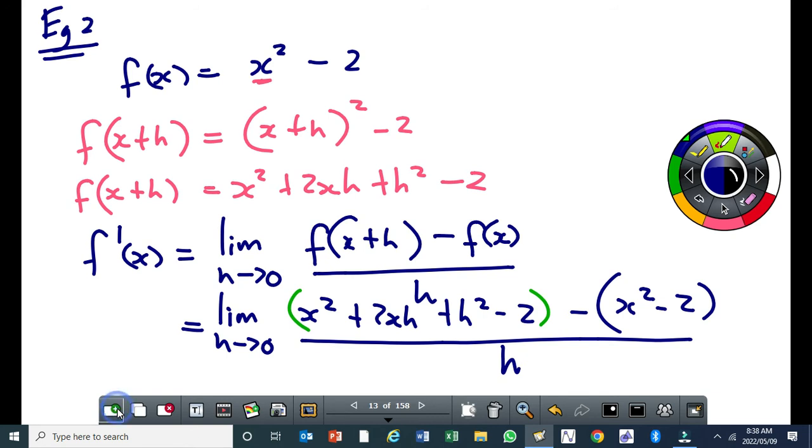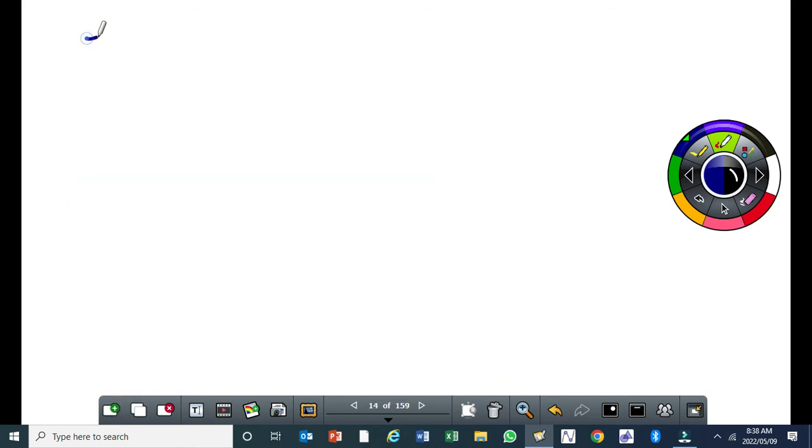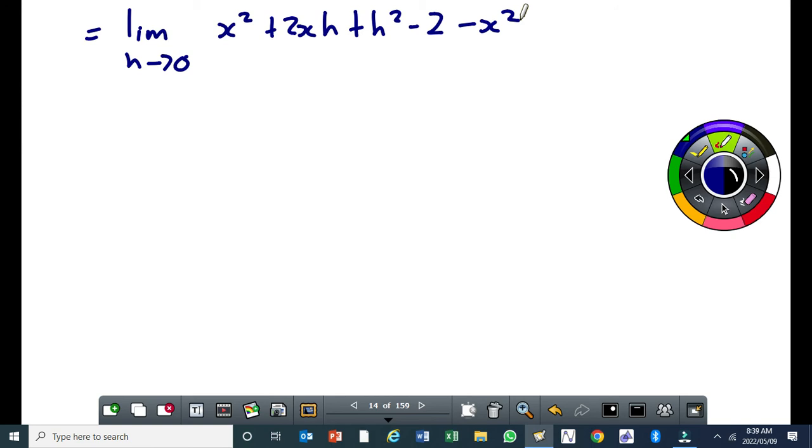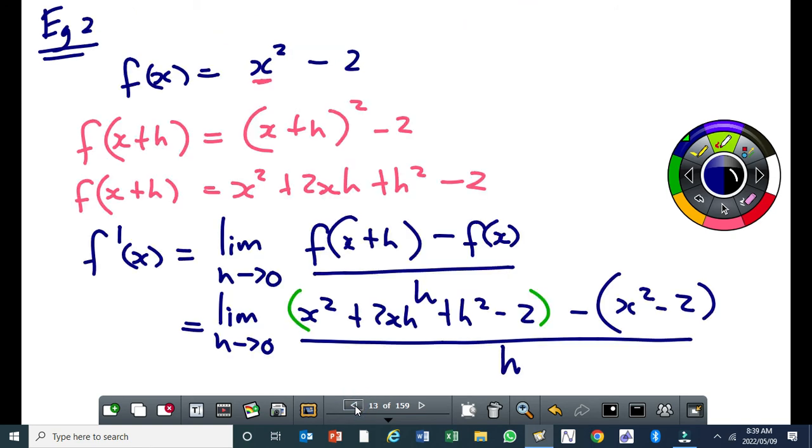So we get the limit as h tends to 0 of x squared plus 2xh plus h squared minus 2 minus x squared. If I remove brackets there, I'll get minus x squared here, then plus 2.